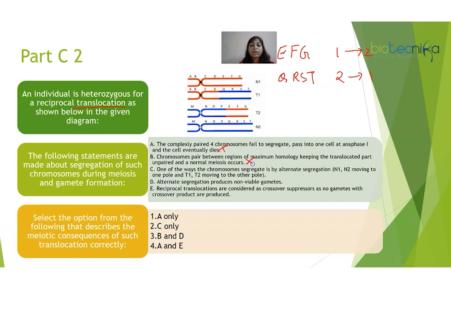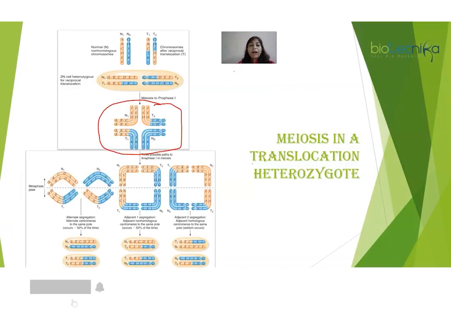That is also wrong, because the translocated part as well as the non-translocated part will all pair. The non-translocated part will pair with its regular homologous member, and the translocated part will pair with the other, non-homologous chromosome with which it has exchanged its parts.